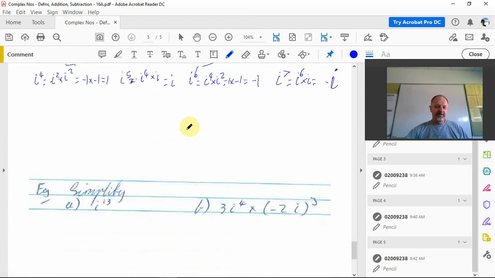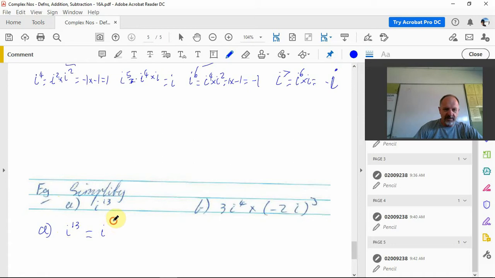So here's some examples. Simplify i to the 13, and then this other one. We'll go i to the 13 first of all. So we've got to think about, using the index law, how can we split up i to the 13?